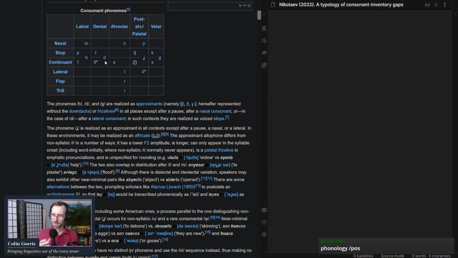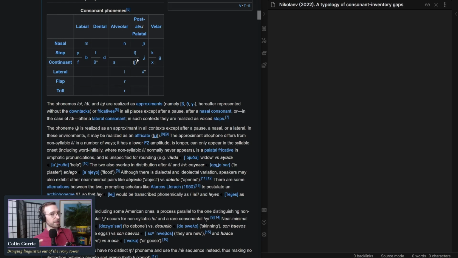So there's an idea that basically there's a tendency for languages not to have gaps in their inventories. So if you have places of articulation distinguished in, say, stops, you'll probably have most of those distinguished in the nasals. If you have a voicing distinction in the labials, you'll probably have them in the dentals and the alveolars as well, this kind of thing.